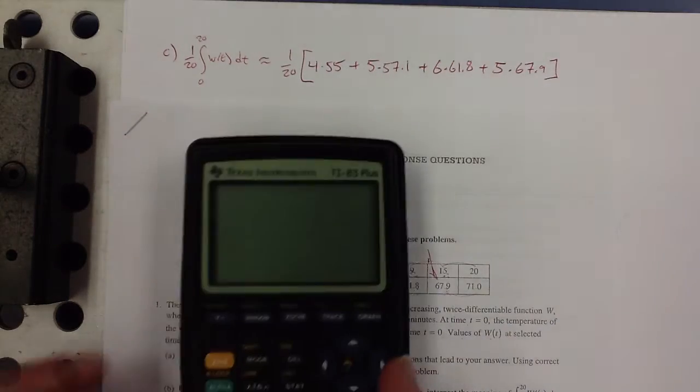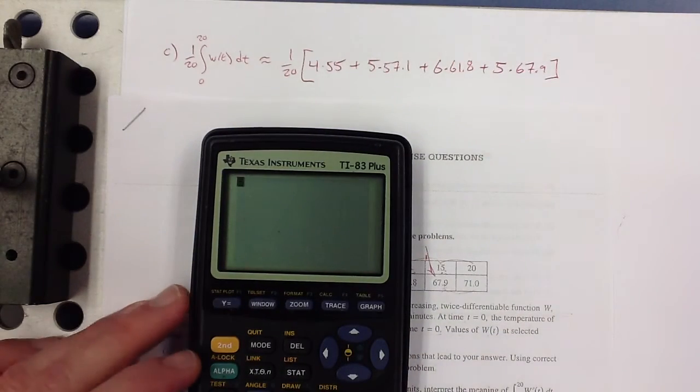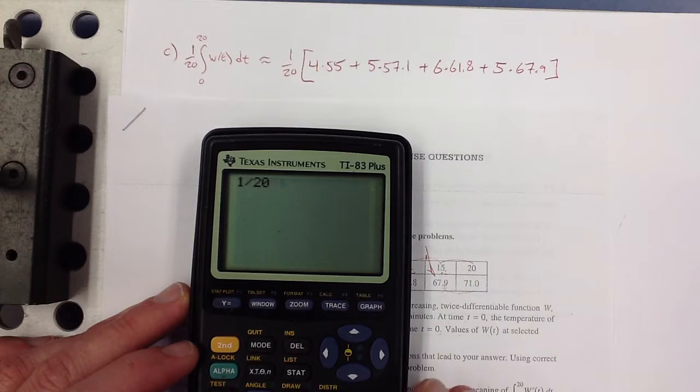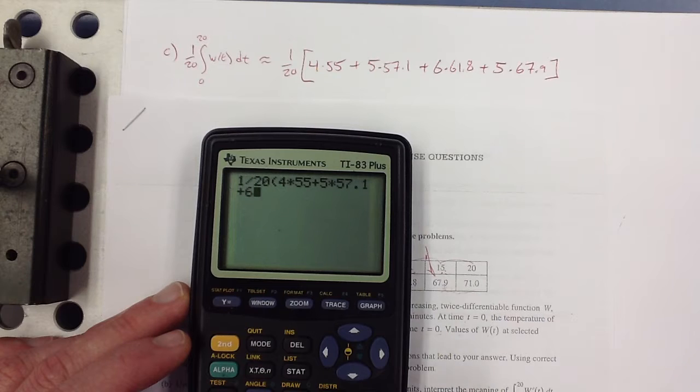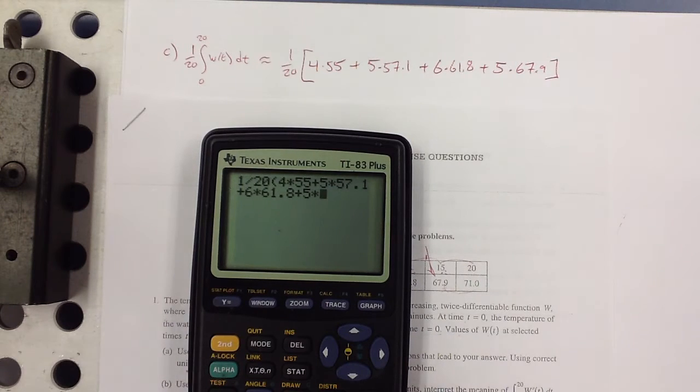Let's crank that out on the calculator real quick. So I have 1 over 20 times 4 times 55 plus 5 times 57.1 plus 6 times 61.8 plus 5 times 67.9.